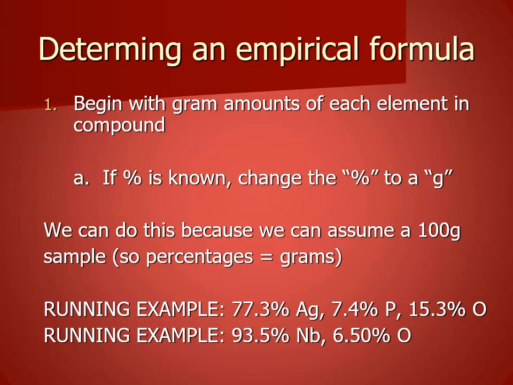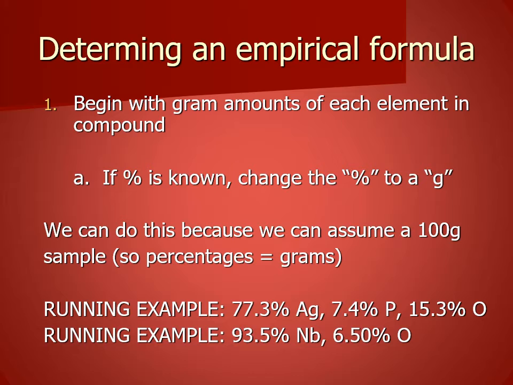Okay, so what do we do? First of all, most of the time we will begin with gram amounts of each element. If so, then step 1, all you have to do is have gram amounts. If you don't have gram amounts, chances are you're going to have a percentage.